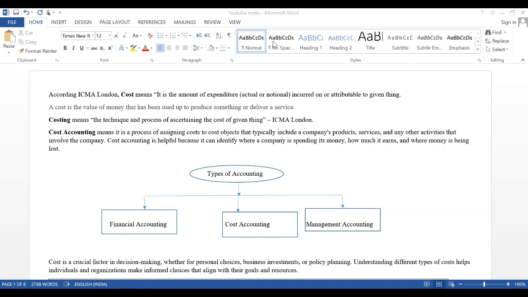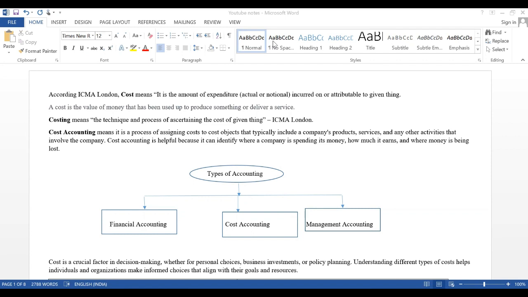Next is cost accounting. Cost accounting is a process where you calculate how much you have incurred for the labor, how much you have incurred for the materials, and what are the services, what are the products, the cost relating to all the objects, all the activities, and you're maintaining in a certain way how much you must have spent, right?